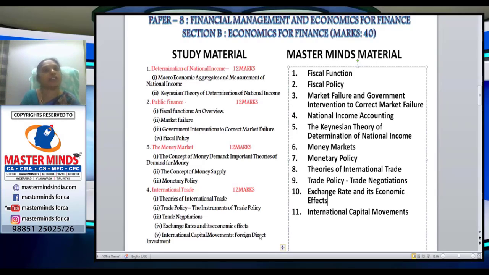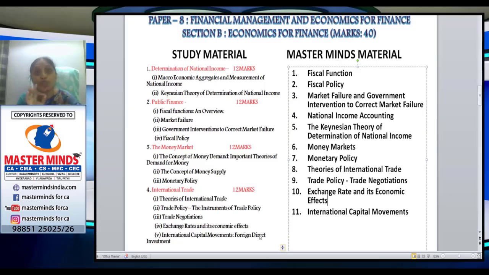And we still have 2 more chapters according to our board material, that is money market, and the next one is international trade. In the money market, watch out children, the first topic is money demand, the concept of money demand, and the second unit is the concept of money supply.